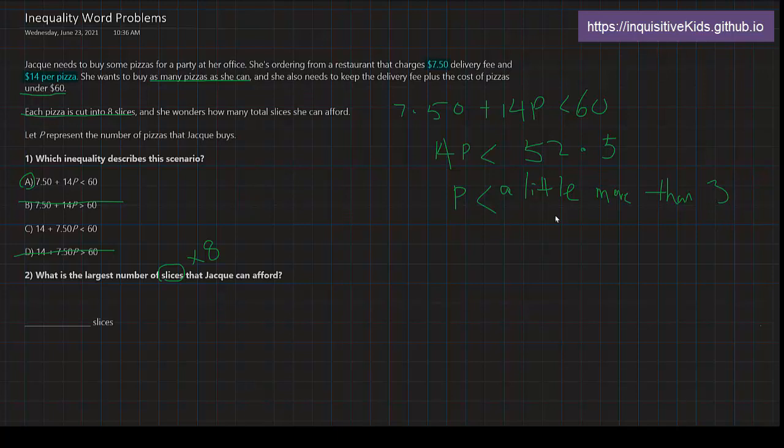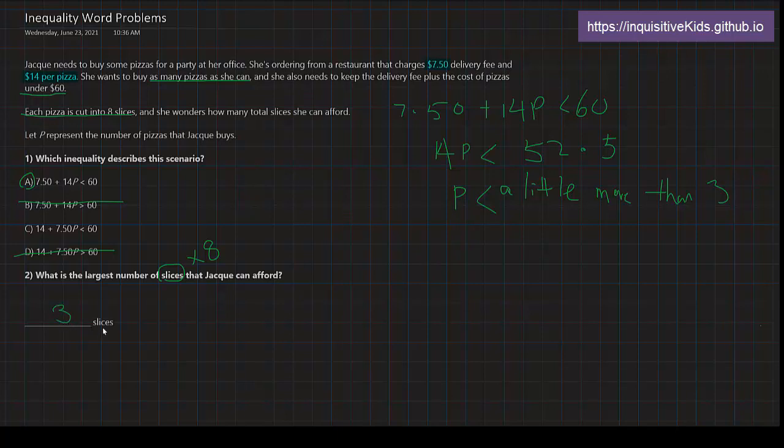So a little more than 3, well, we can't afford that much, and we only buy in whole pizzas. So the number of whole pizzas we can afford is 3. So she can afford 3 pizzas.